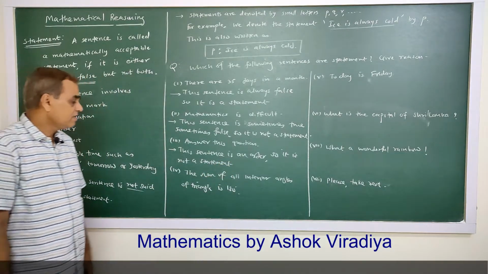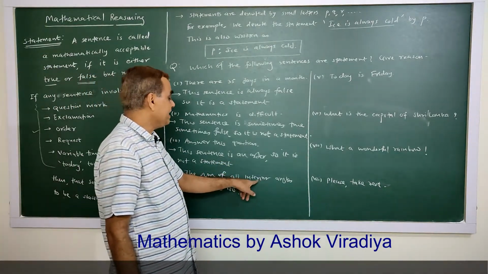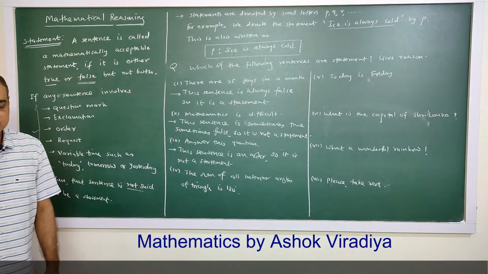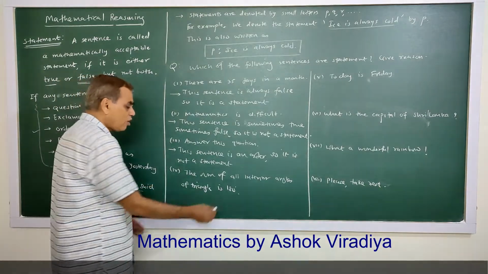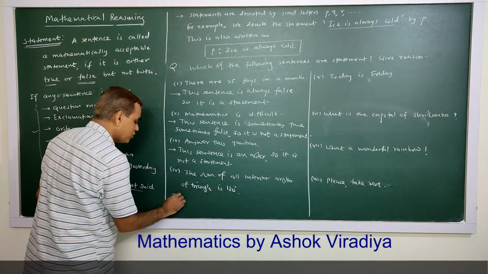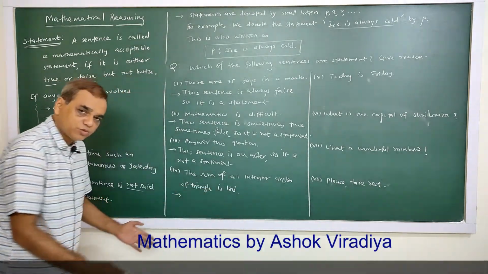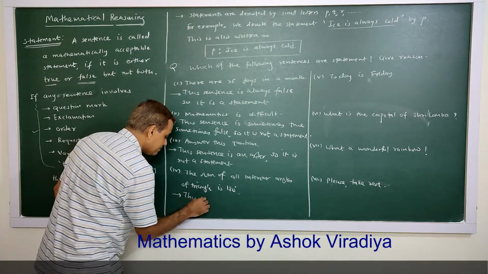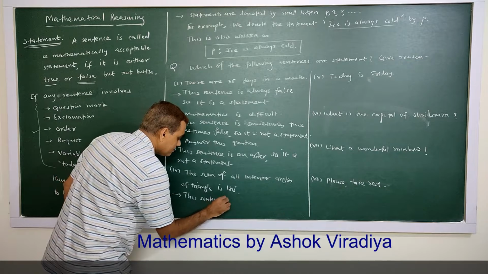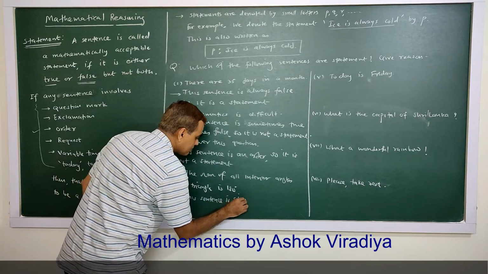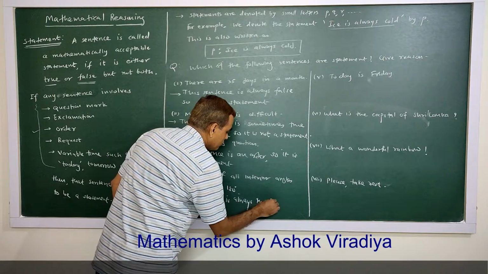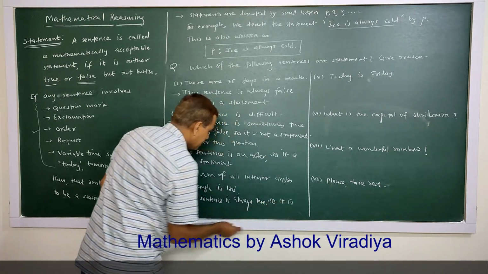Next: the sum of all interior angles of a triangle is 180 degrees. This is always true, so it is a statement.